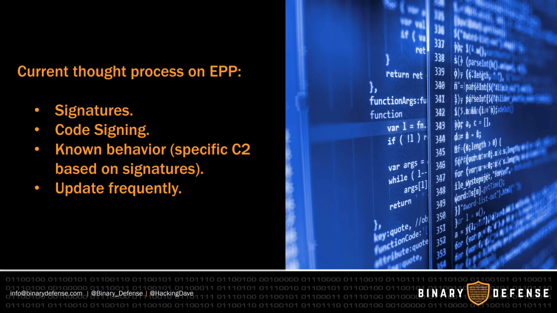So you look at what endpoint protection products are really going after. The first thing is signatures, right? Still to this day, predominantly having signatures, going in and releasing signatures, having those pushed down. Second, code signing, that's a big one. One of the funniest tricks that I used to use as an attacker all the time, and it still works to this day to some, but not many at all anymore.